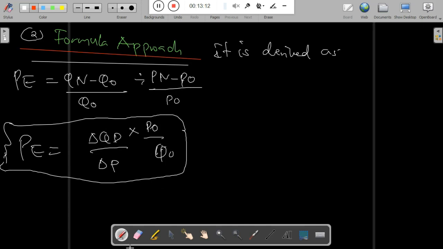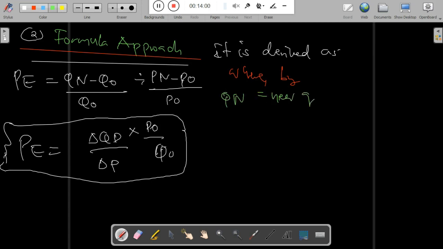Under the formula approach, we solve the price elasticity of demand by taking the current quantity demanded minus the base year quantity. The price elasticity of demand is equal to the change of quantity demanded over the change of price, times P over Qo. The change of quantity demanded over the change of price, you obtain even by doing the first order derivative.